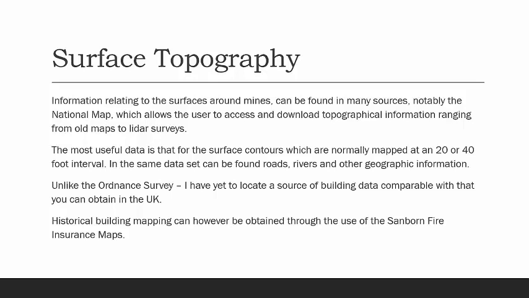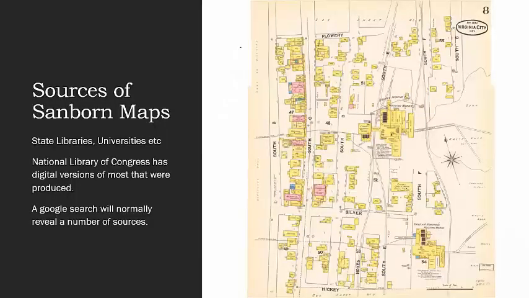But that takes us on to the next slide, please. If you've not seen a Sanborn fire map, here's one of Virginia City, or a section of Virginia City, from 1890. The beauty of this is that not only does it contain all the structures in terms of dwellings and shops and churches and other buildings that we won't go into, but it also contains the buildings that relate to the mining operations.